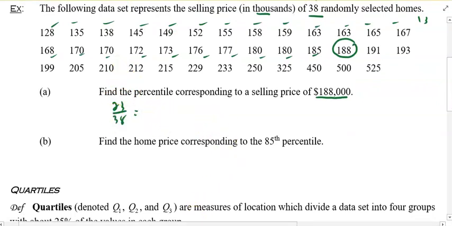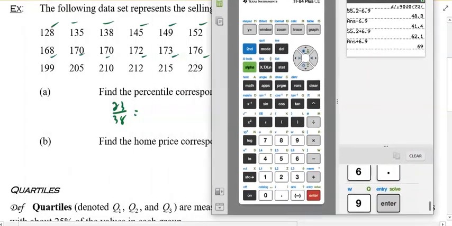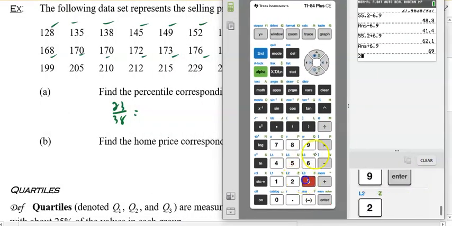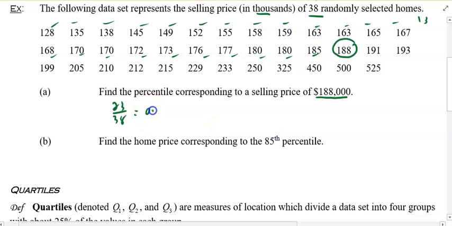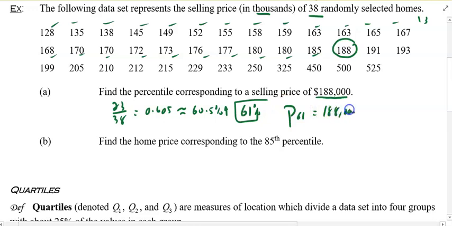That gives you 0.60526, so that is roughly 60.5%. You round up, and that becomes 61%. So that would be the 61st percentile is $188,000.